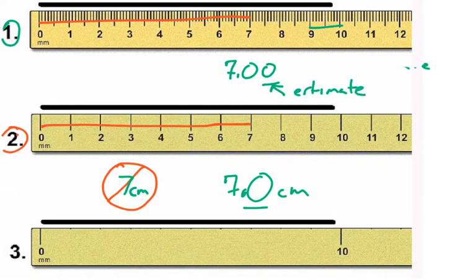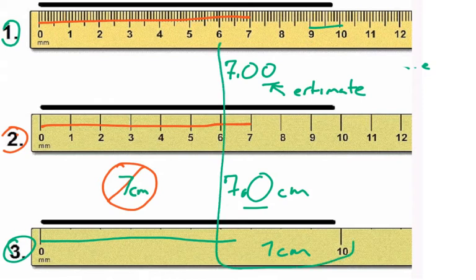And only for ruler number 3 should you write that my estimate is 7 centimeters. So these numbers are all different as far as measuring is concerned. They tell you what you used to measure your quantity.